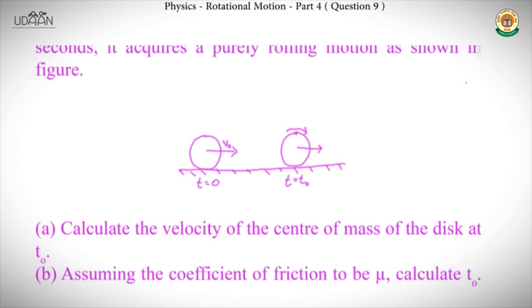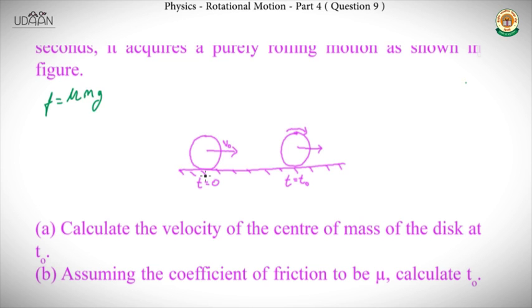Let's write it down: frictional force F equals mu mg. This force will be acting on the bottommost point in the left direction. So in sliding, no rotational motion takes place, right? It's only translation. Since they have shown that it's purely sliding, there is no rotational motion.